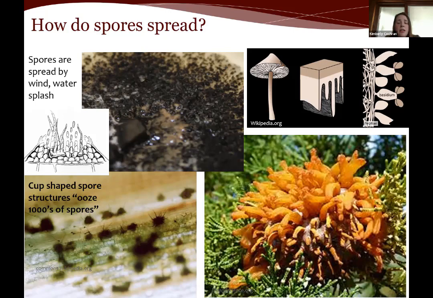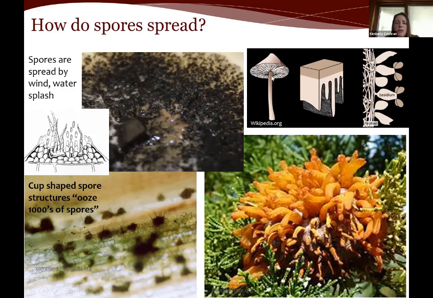So you can see how this structure of the reproductive physiology here has a big role in how those spores successfully spread. Versus, by comparison, over here looking at something we all know, a mushroom.